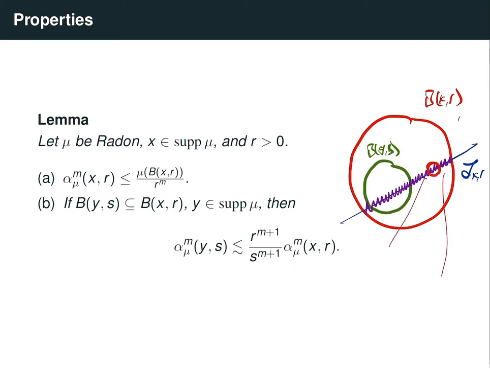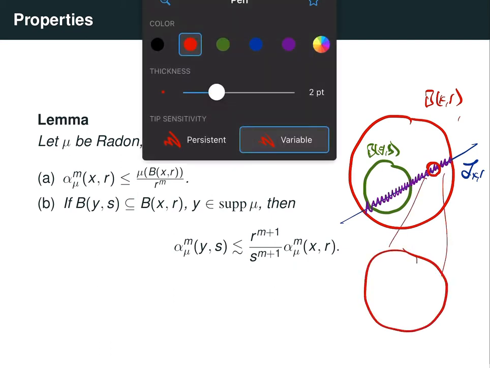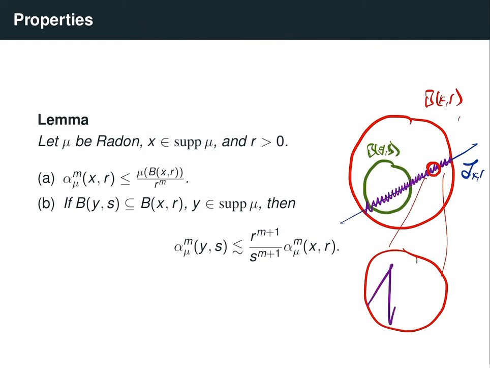If we blow this up, our measure looks very nonlinear. So this is why, even though we may have a small alpha number for some ball, as we start zooming in, the plane that was the best approximation for mu inside the large ball may no longer be a good approximation of mu inside any smaller ball. In fact, the alpha numbers can still explode as you zoom in.